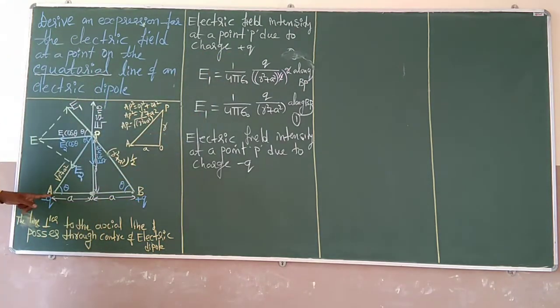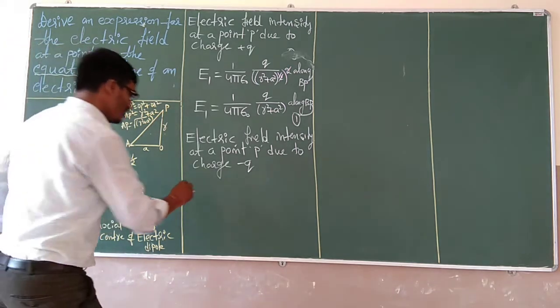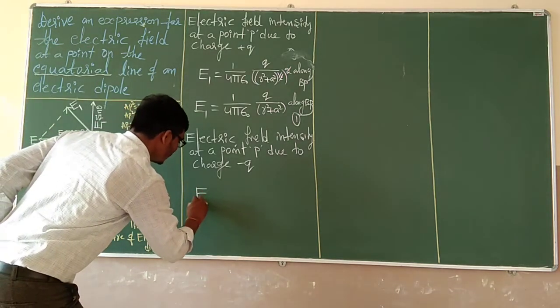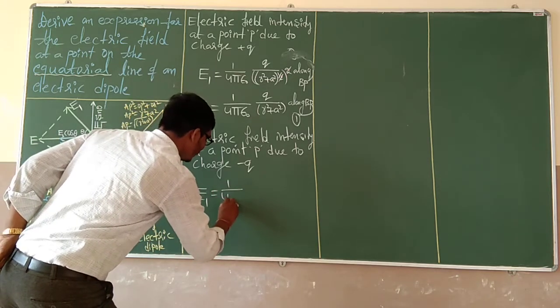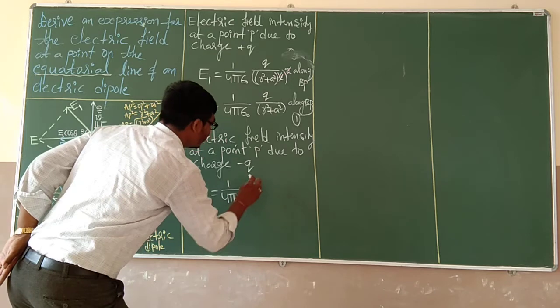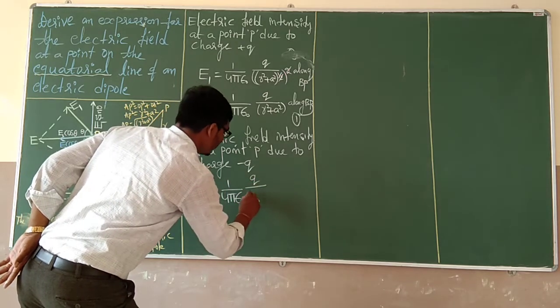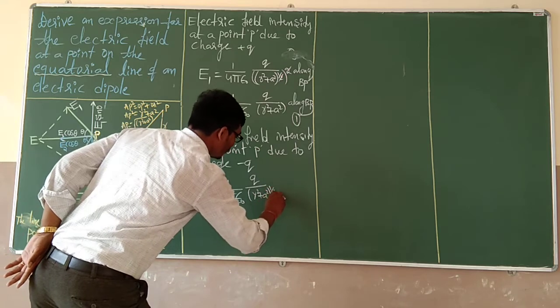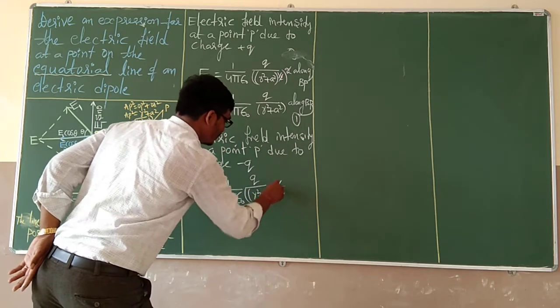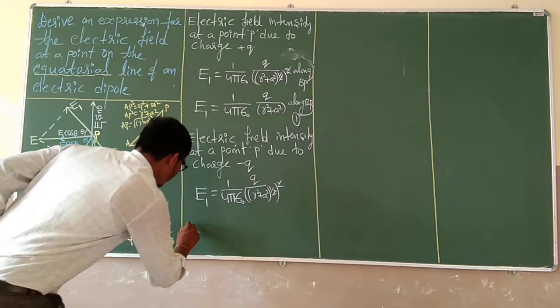Now minus Q. You have to point at a point P at the same distance here also. Then we have to write this as E1 is equal to 1 divided by 4 pi epsilon naught, Q divided by (r square plus a square) to the power 1 by 2. This is square. Both get cancelled.